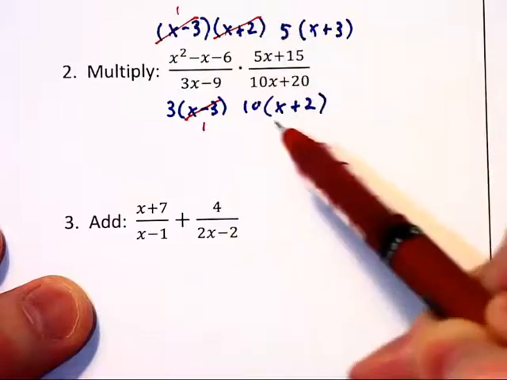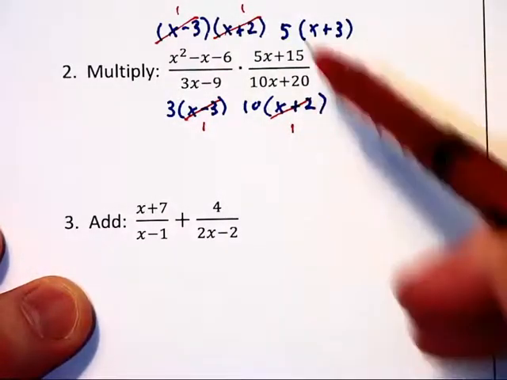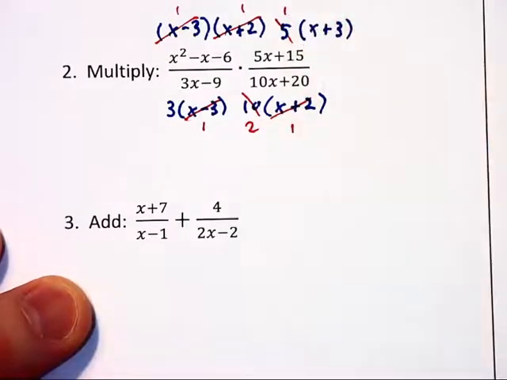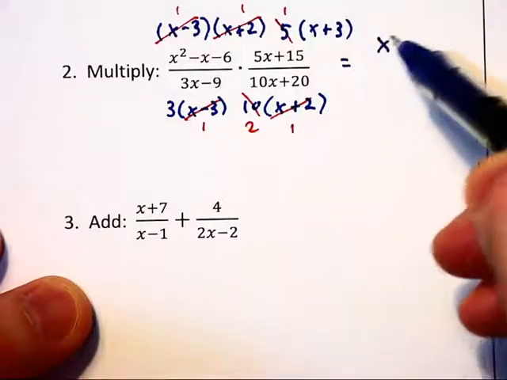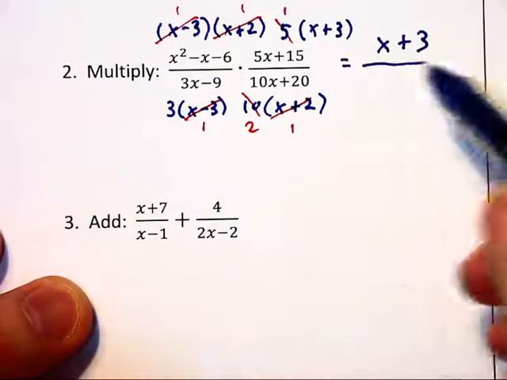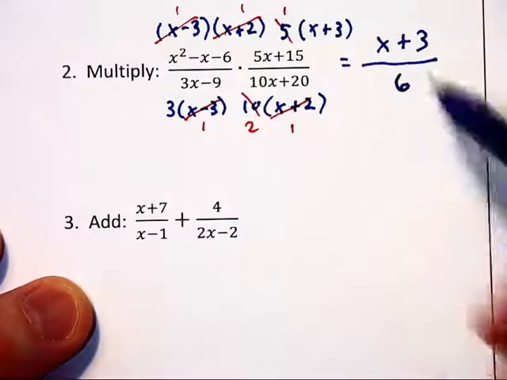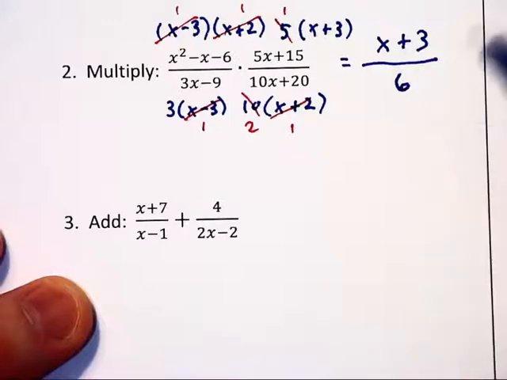I see x plus 2's canceling on the diagonal. X plus 3 has nothing to cancel with, but the 5 can cancel with the 10, and that looks like about all we can cancel here. So we will have x plus 3 over 3 times 2, which is 6. And the 3 and the 6 will not cancel because the 3 is in an addition problem.